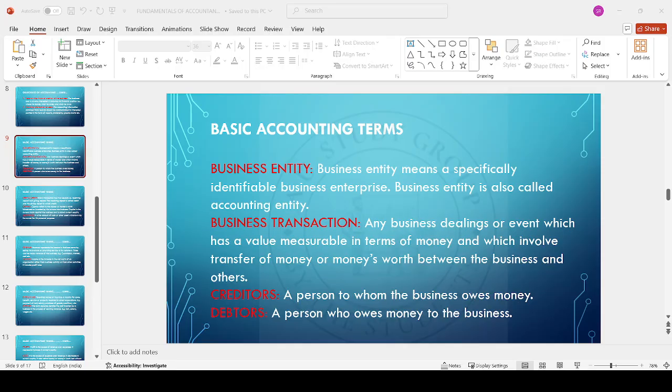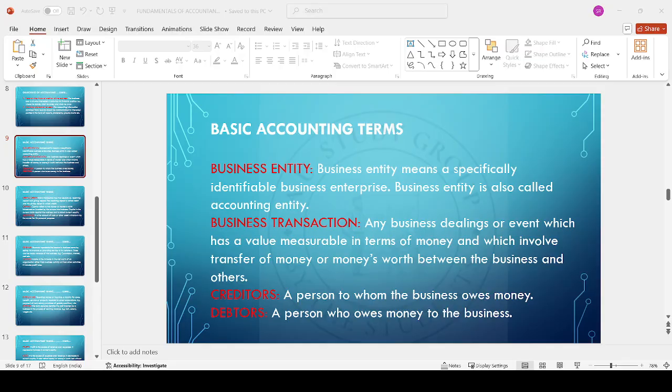We can't term it as a business loan; we call it a creditor. Now debtor. A debtor is a person or entity who owes money to the business. It's exactly the opposite of the creditor. So if your business sells goods to a customer who promises to pay later, that customer is a debtor.